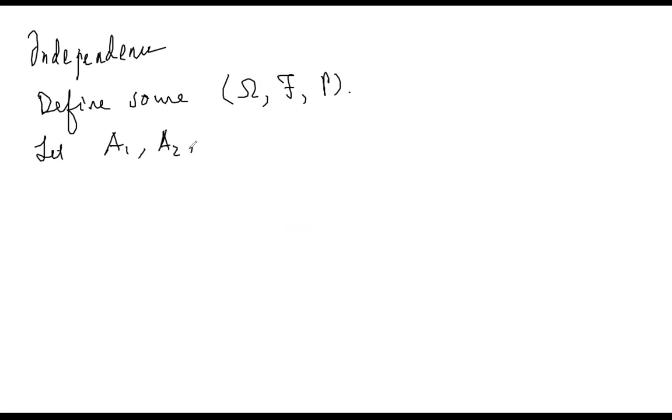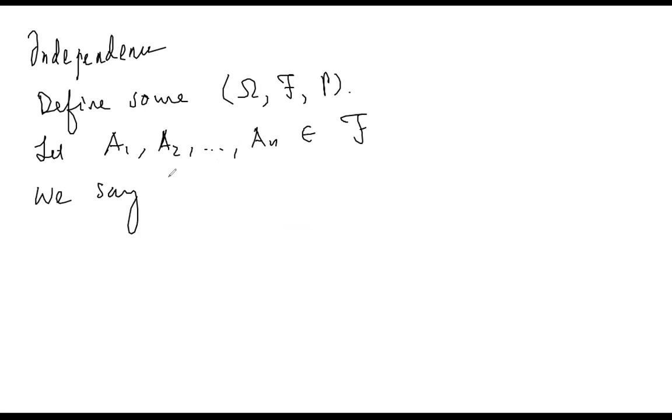Okay. So suppose you define some probability triple, right? Let A1, A2, up to AN be elements of your sigma field, right?